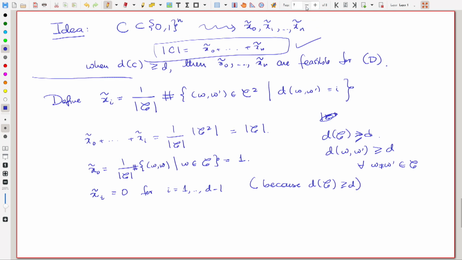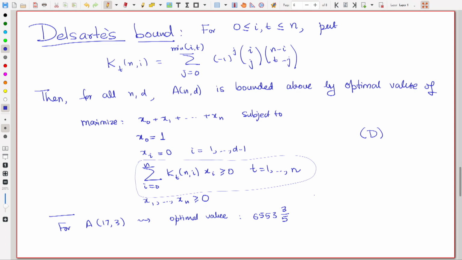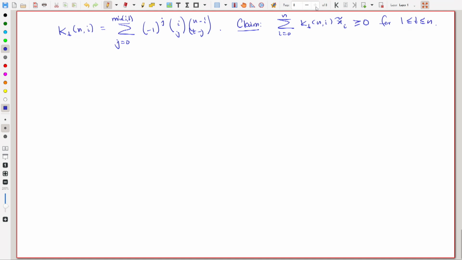Those are the remaining constraints in this Delsarte program. Okay. And this is a cute little argument. So, it requires a little bit of work.